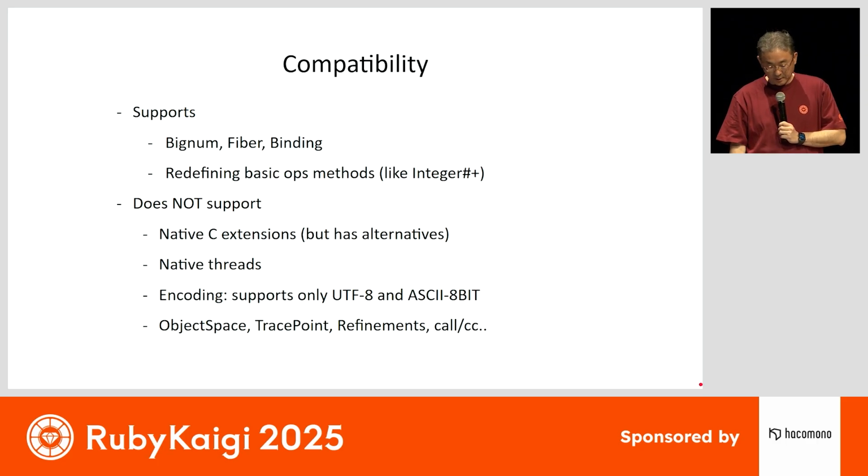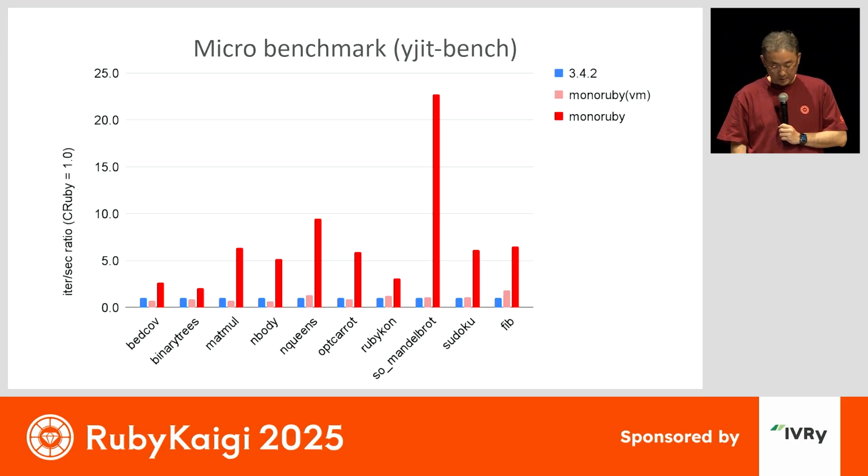Native threads, the thread class, and Ractor, we do not support them. We also do not support ObjectSpace, TracePoint, refinements, and callcc. And callcc will never be supported in the future. I'm sorry.